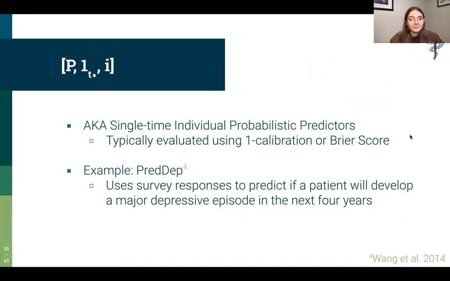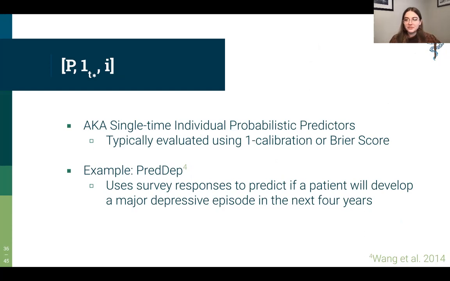Okay, then we would have this next class, single time individual probabilistic predictors. These are typically evaluated using one calibration or a Brier score, because they do provide a probability. You would want that calibration sanity check.